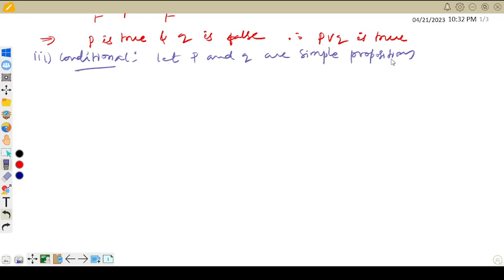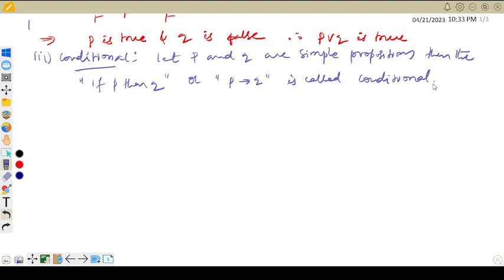Then if P then Q, or symbolically P implies Q, is called the conditional of two propositions.